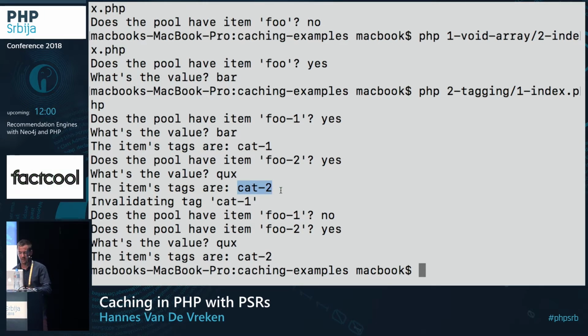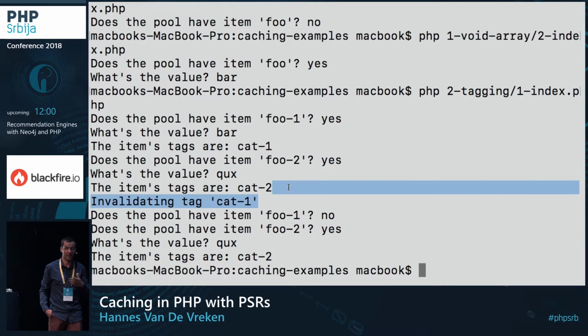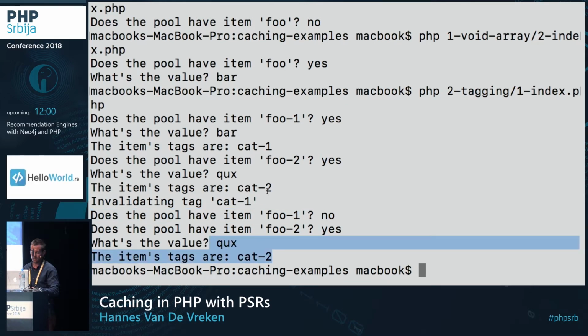It's an array. And then we're going to ask the cache item pool to invalidate or drop or forget all the items which are tagged category 1. And then we're going to print the same thing. Does the pool have item foo1? Nope. Does the pool have item foo2? Yes. And then it's going to print the exact same result.